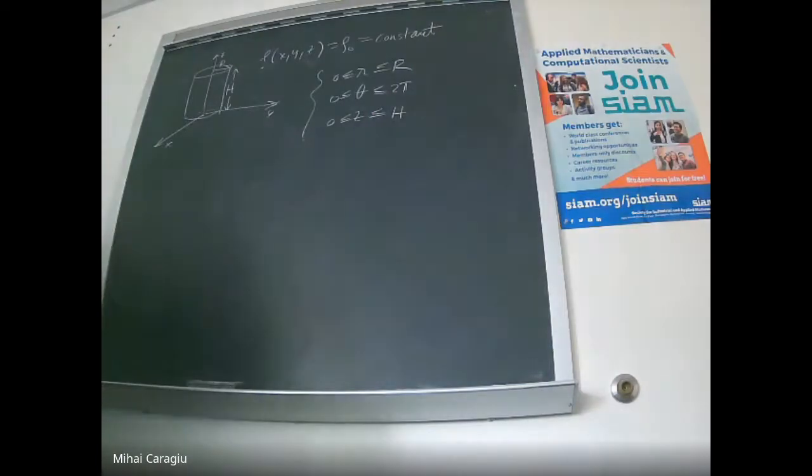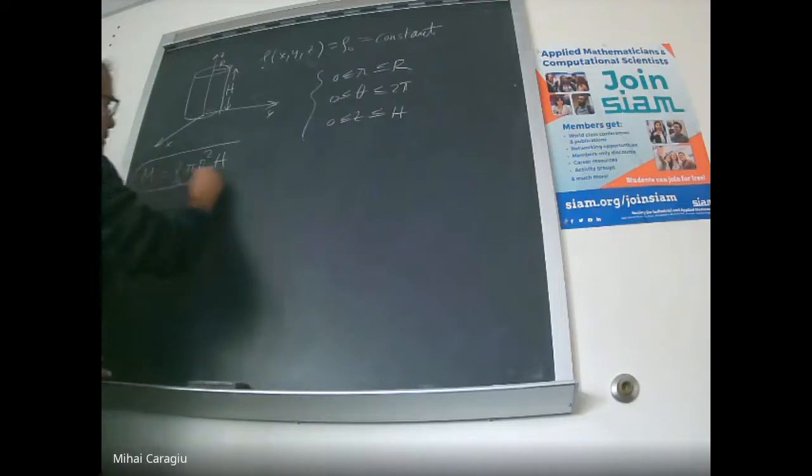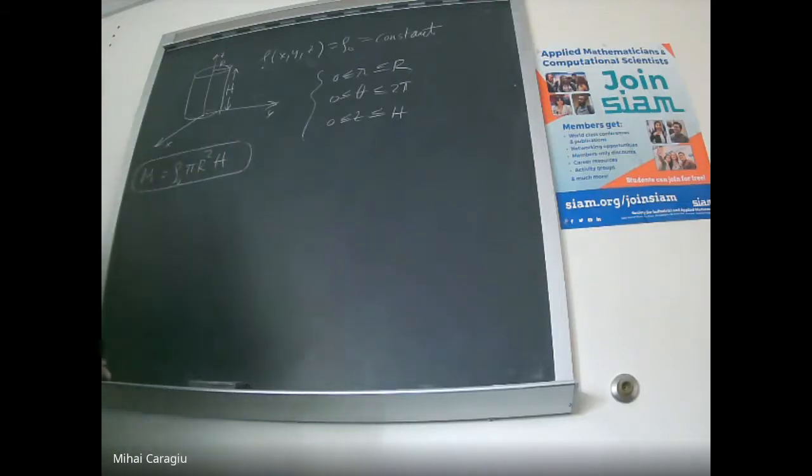First of all, because we need to express the moment of inertia in terms of the mass, let's find the formula for the mass first. The mass of this uniform cylinder is the density rho 0 times the volume, and the volume of a cylinder is pi r squared h. So this is to be kept in mind for later. That's the mass of the cylinder, density times the volume.